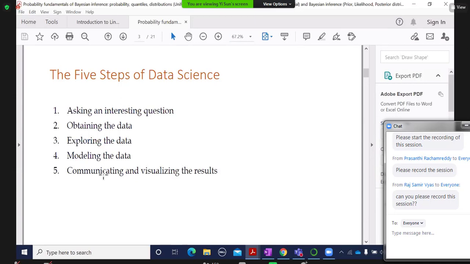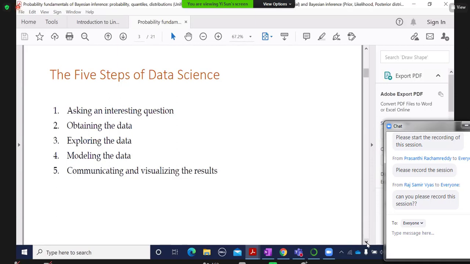Quite often, for example, after modeling the data, you may find the model can be further improved by adding more features or removing some features. So you have to go back to here, adding more features, you need to obtain some new data. And then you need to explore your data again, remodeling the data. So it is a loop.